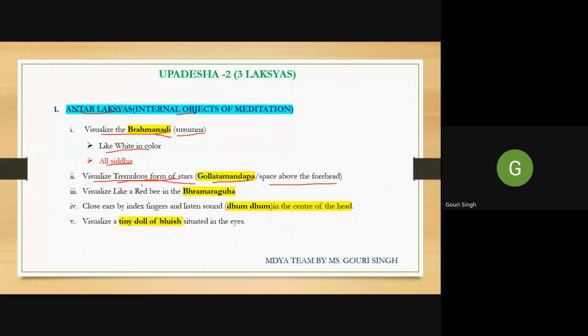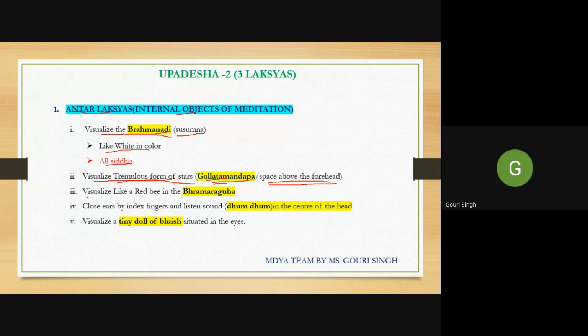In the same way, you have to visualize that experience or that picture in the space above the forehead. That name is Golata Mandapa.